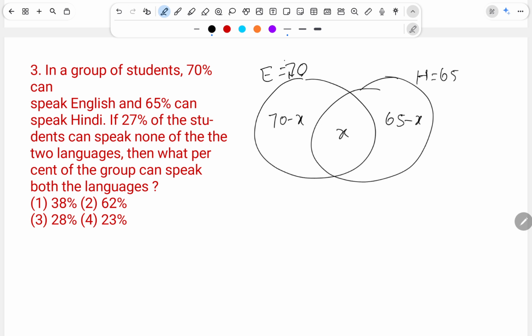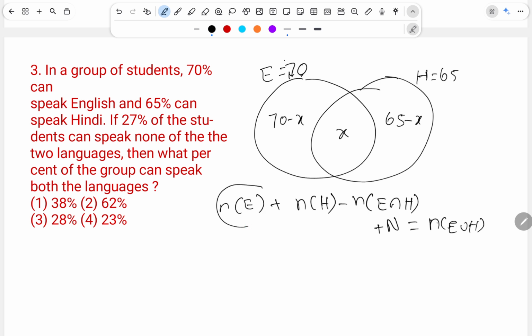The total is equal to N of E plus N of H minus N of E intersection H plus neither, which is equal to the total N of E union H, that is 100%.